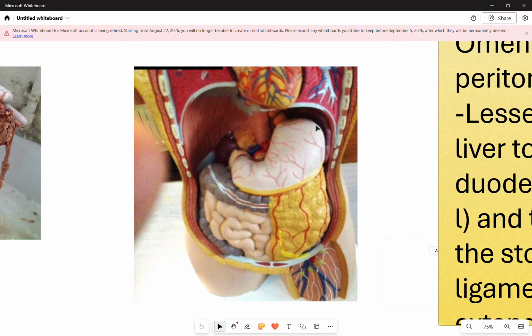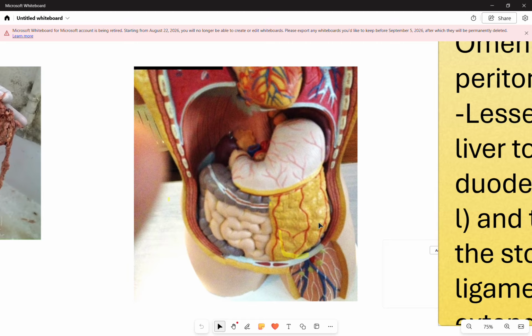Now I come to the greater omentum. Greater omentum extends from the greater curvature of the stomach, fold of visceral peritoneum, goes into the pelvis, and then it turns back, folds back, and ascends and gets attached to the transverse colon. Now here you see a part of the greater omentum over here.